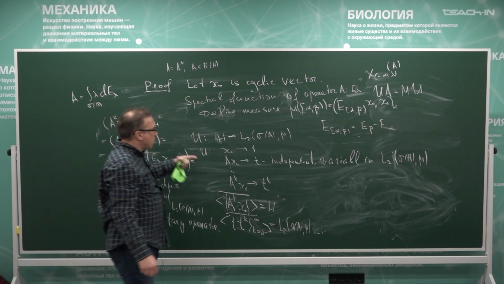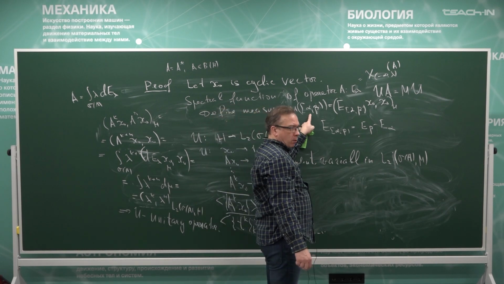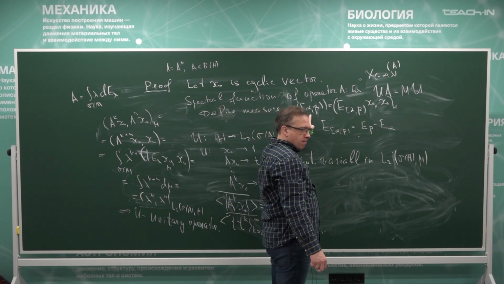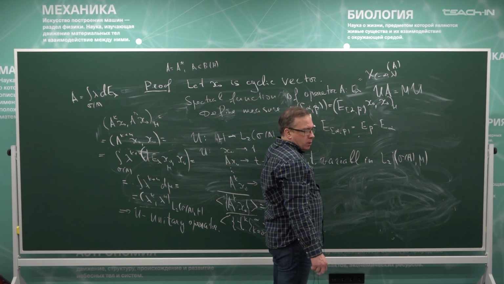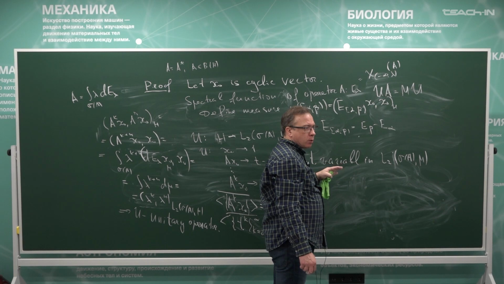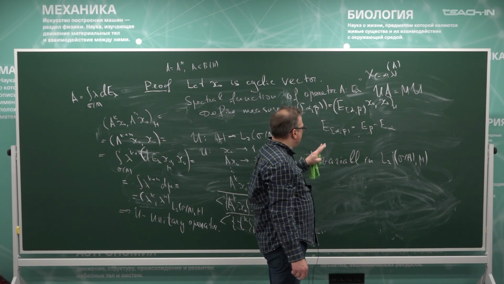Then I defined the measure on semi-intervals. It is sufficient to define the measure on semi-intervals because it is a semi-ring. Then you can continue it by Caratheodory's theorem.